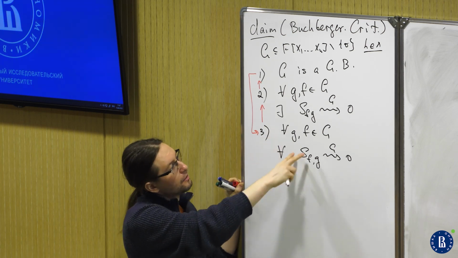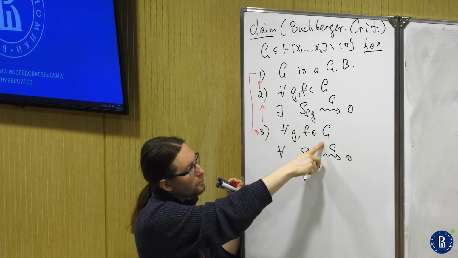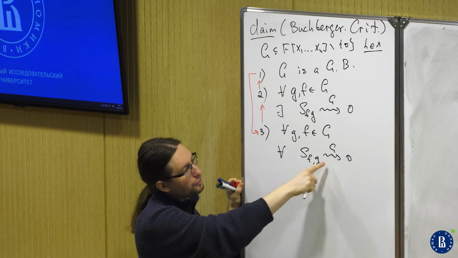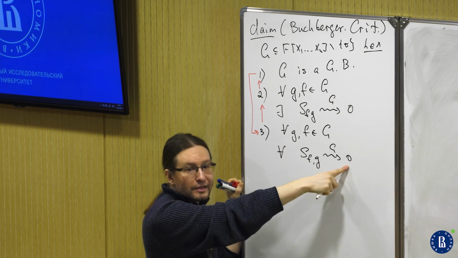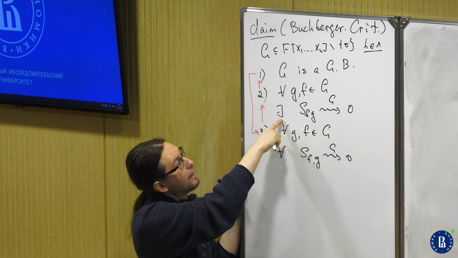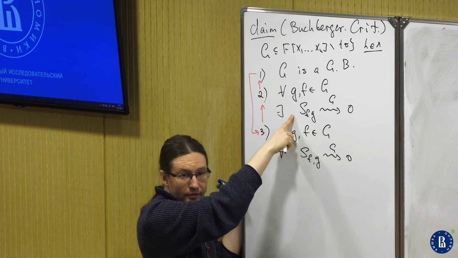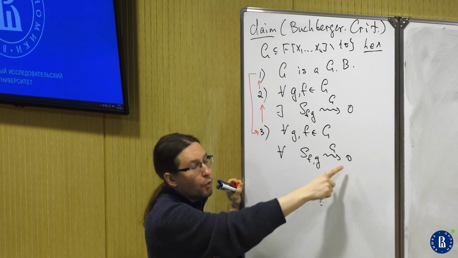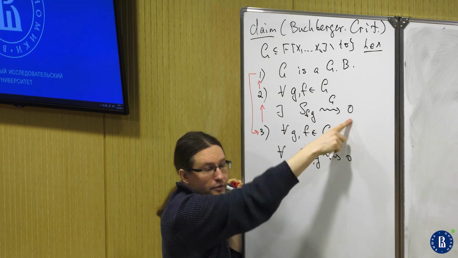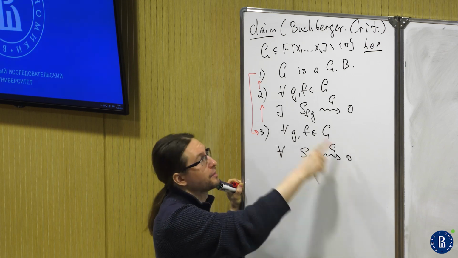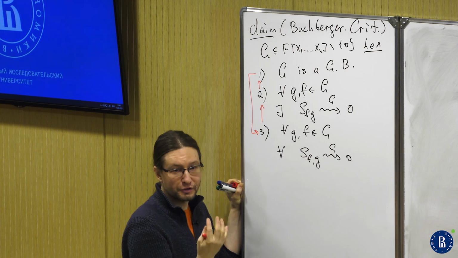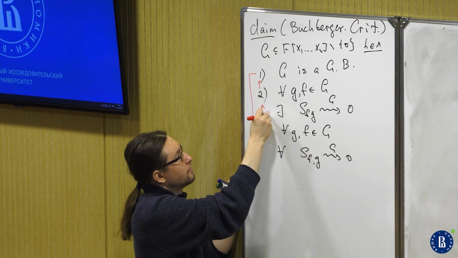It says that for every pair of polynomials, every way to reduce the S polynomial to a remainder leads to 0. And this thing says exactly the same, but it says just one way leads to 0. Here, all ways go to 0, and there is just one way leading to 0. So if every way leads to 0, then at least one way leads to 0. So that's why 3 to 2 is trivial. So that's OK.